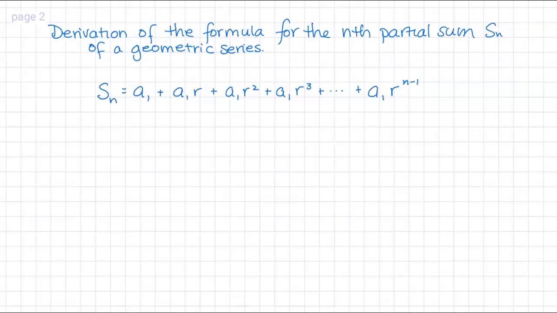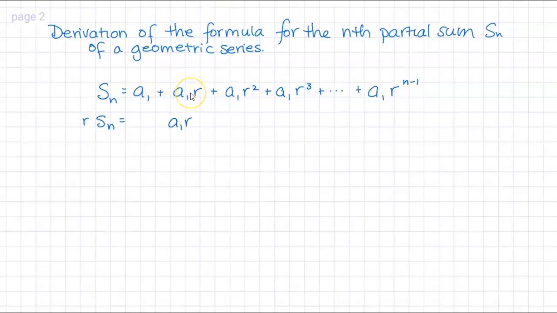So what I'm going to do is take that same formula, but multiply both sides by r. So I'm going to multiply this side by r, and I'm going to multiply the entire left-hand side by r. But I'm going to write it in a convenient way. So this term, the r would actually distribute to all of these terms. If I multiply this term by r, that's going to become a sub 1 times r.